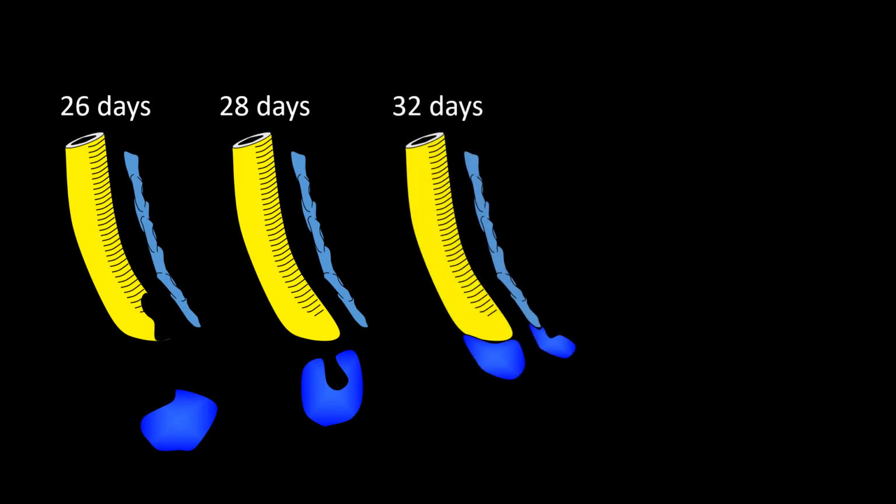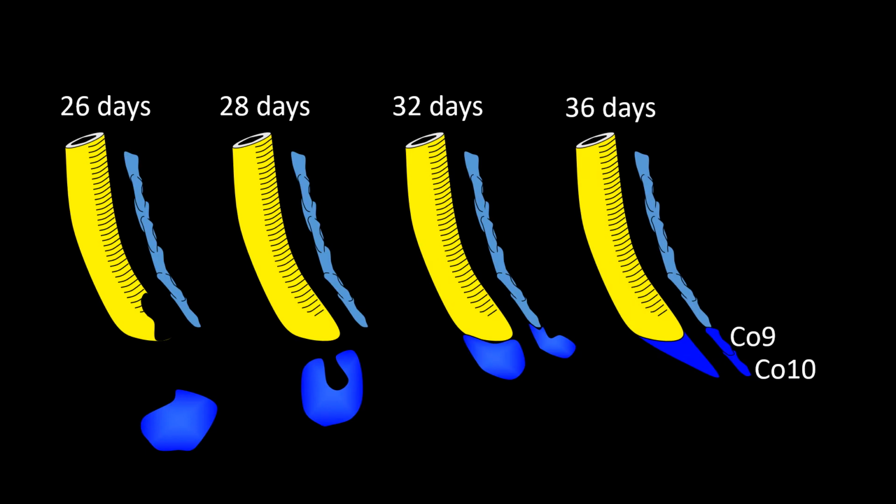By 28 days, following a process of canalization and retrogressive differentiation called secondary neurulation, the mass seems to become closer to the end of the neural tube. This occurred once the lower end of the neural tube, called the posterior neuropore, is closed. A few days later, the mass splits and one part of the caudal eminence joins the neural tube and the other the bony structure.